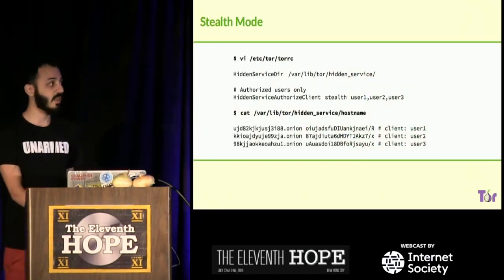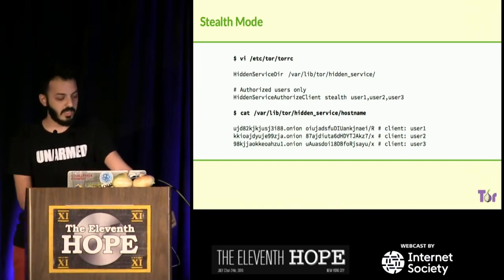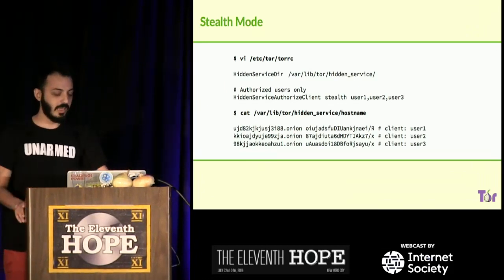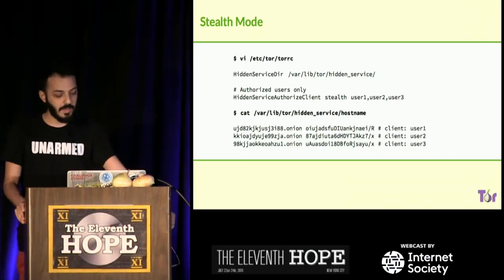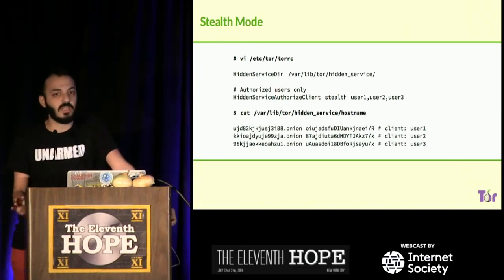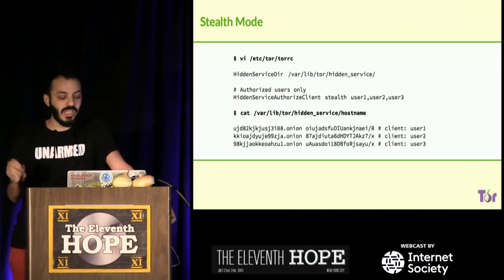So here's a stealth mode. You basically need to add to your torrc file this option, HidServAuth, hidden service authorized client. In this mode, each client that wants to connect to your hidden service or Onion service has a unique Onion address with a unique key.